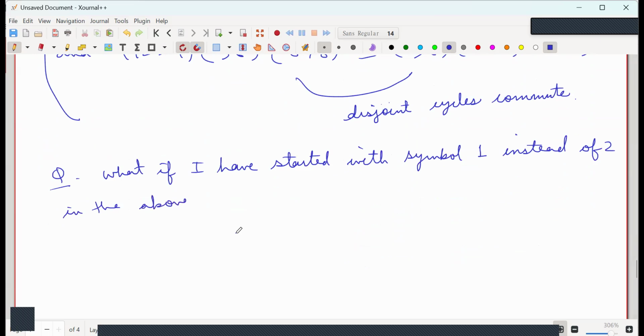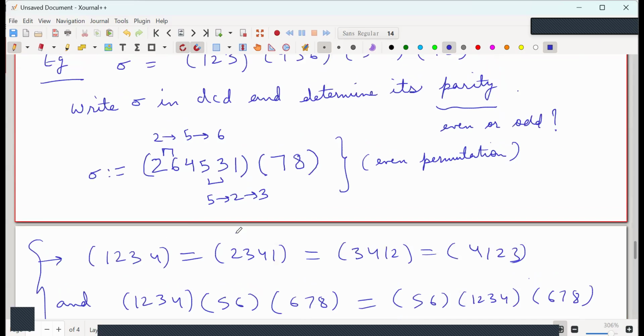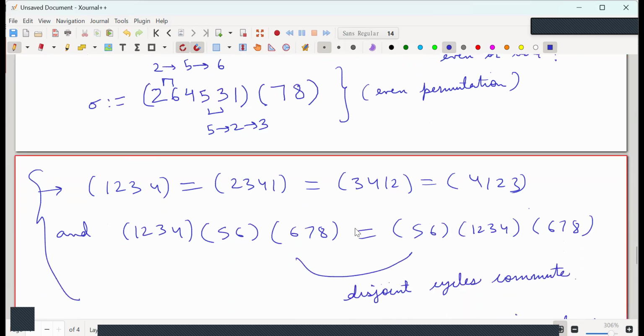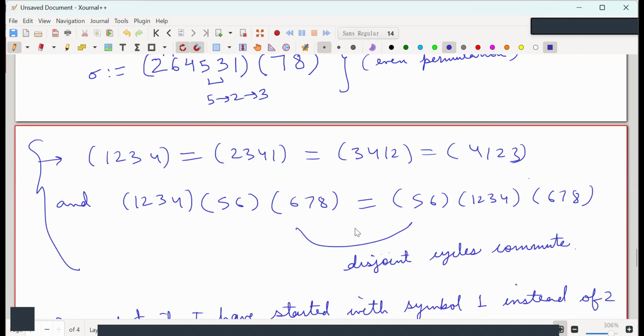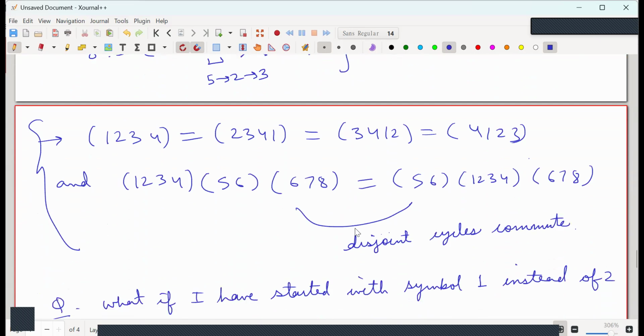In the above example, we started with 2, and what if we have started with 1? See, we are trying to express the same example by starting from 2 different points. Now, if this theory is consistent and useful, then we should have got the same output, right? Otherwise, there will be inconsistency depending on from which point you started.